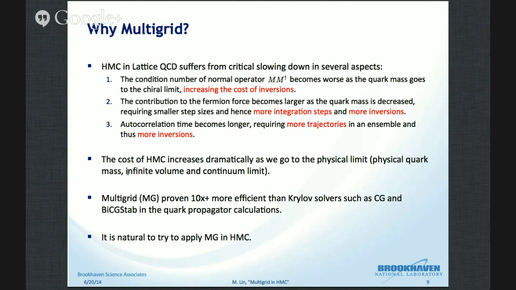And this is essential if you want to go to the physical limit eventually. So now we have a lot of collaborations generating ensembles at the physical quark masses.